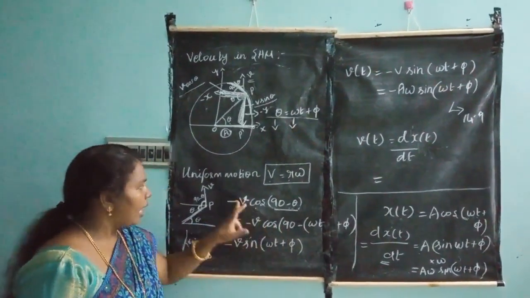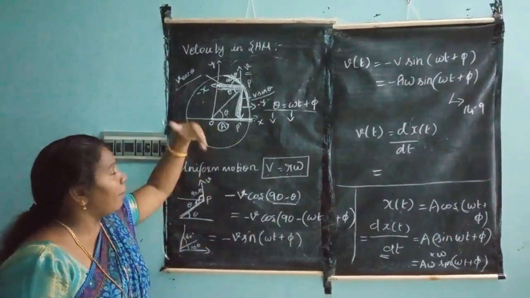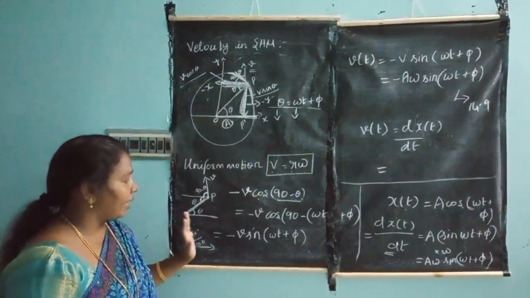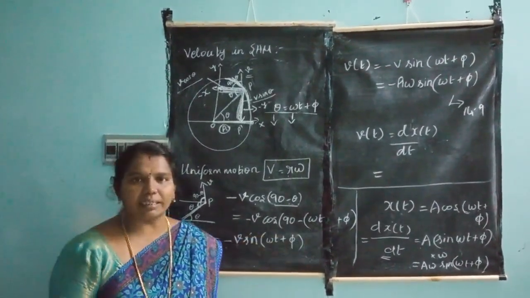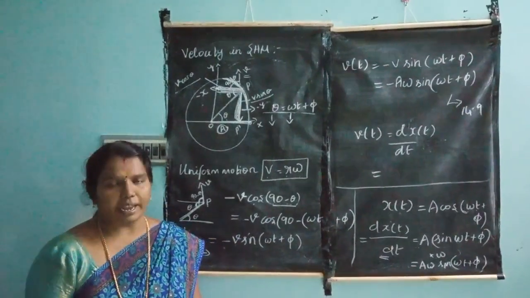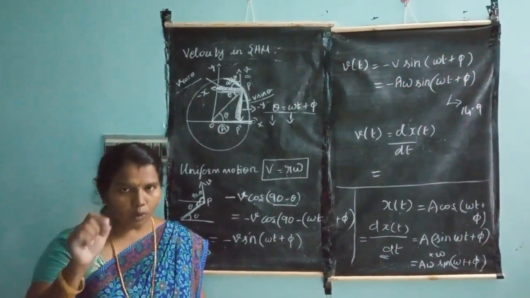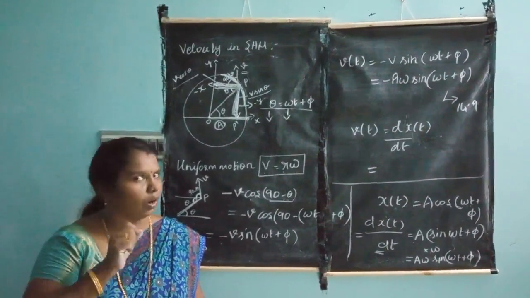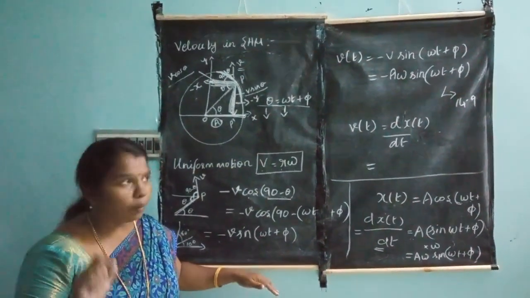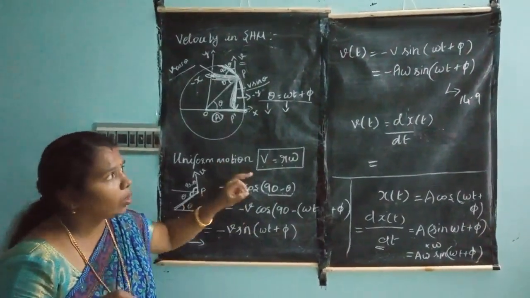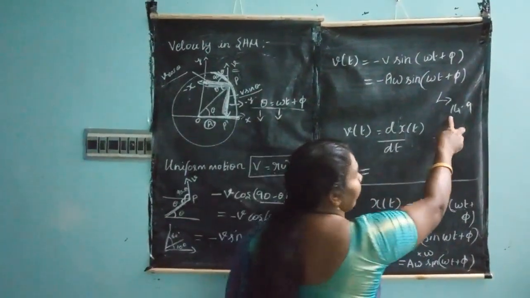Okay, you got theta. And minus v represents that I am taking the velocity along the negative x direction. Therefore, minus v. What is cos 90 minus theta? It is a trigonometric function. Can you remember that? Take your pencil and note it, these are not in your book. From this point itself you have to note it in your book, and this is directly what they denote as equation 14.9 in your book.